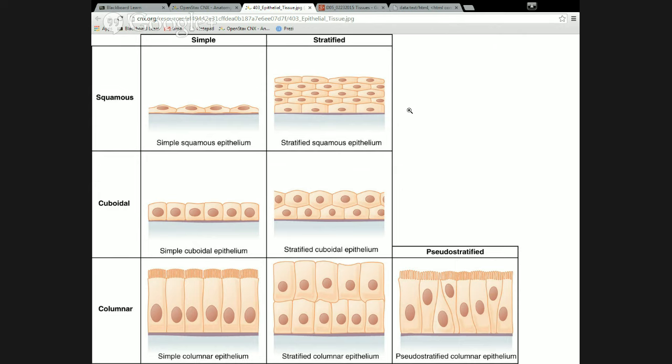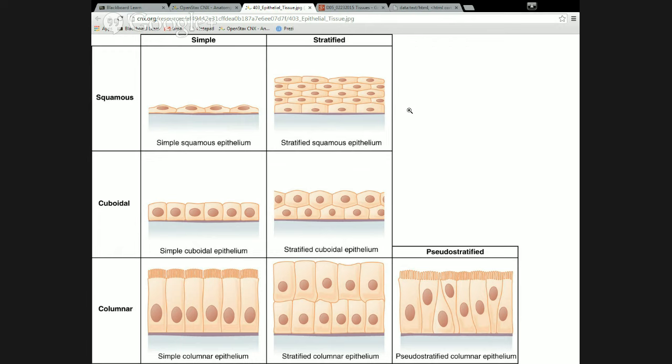Now the thing that's kind of added in here, and this is not really the place where it's great to put it in because it's going to add a little bit too much information to begin with. There's another type of epithelium that has tall, thin cells. This is called a pseudostratified epithelium. It's called pseudostratified. It's not really stratified.